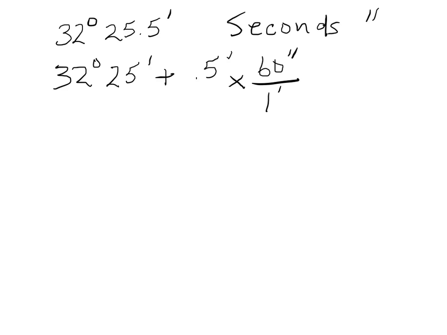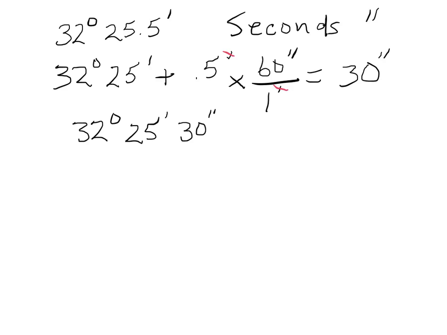And so again, this little guy here goes away, and we are left with 30, half of 60, right? 30. So our final would be, say, 32 degrees, 25 minutes, and 30 seconds.